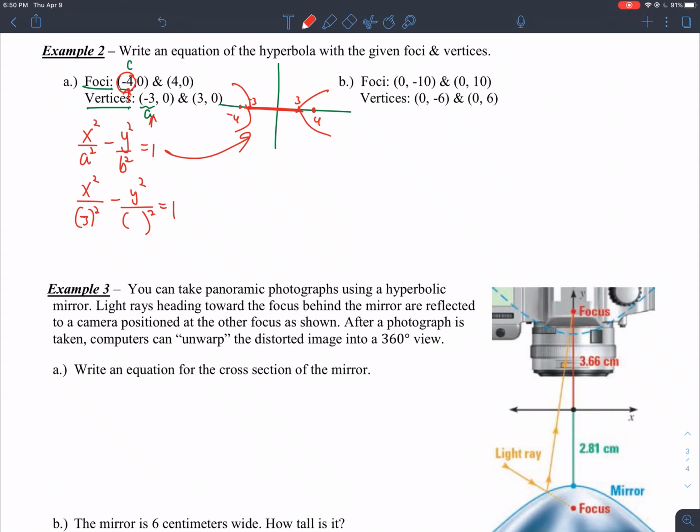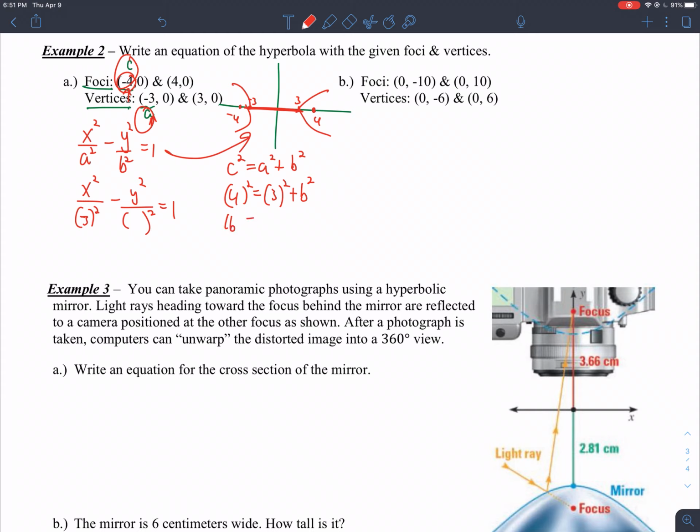So what we do is say, I know C and I know A, and I have an equation that relates all this stuff. C squared equals A squared plus B squared. I know C, which is 4, and I know A, which is 3, and I'm looking for B. So I can solve this little equation and come up with what B squared is.